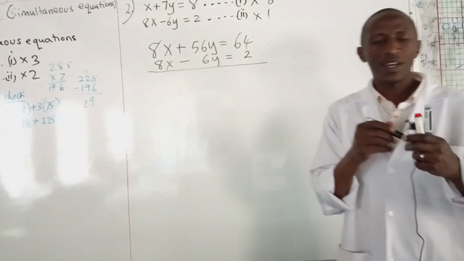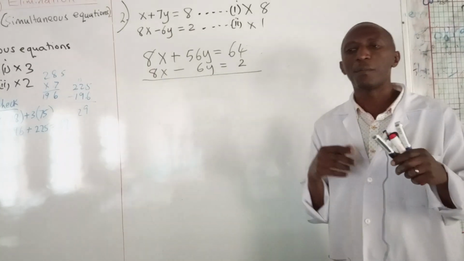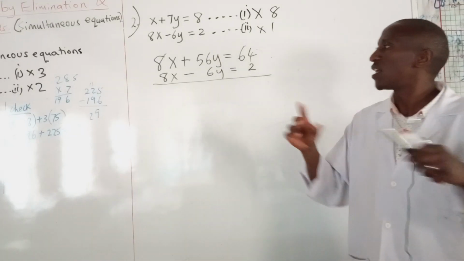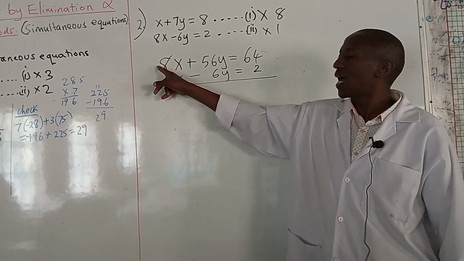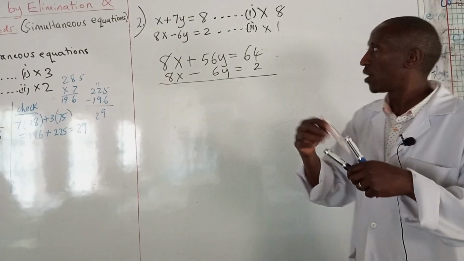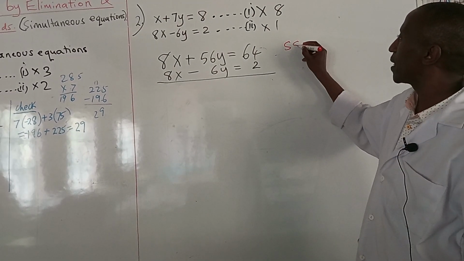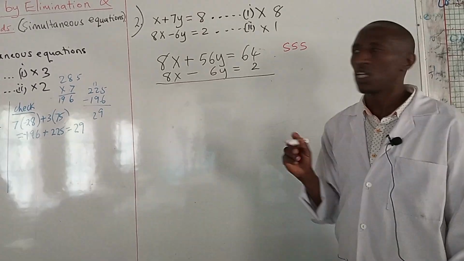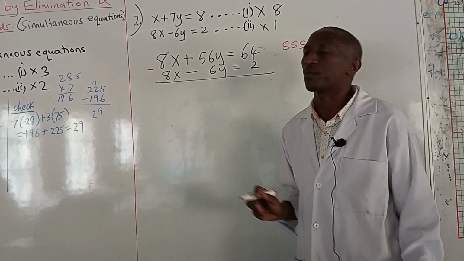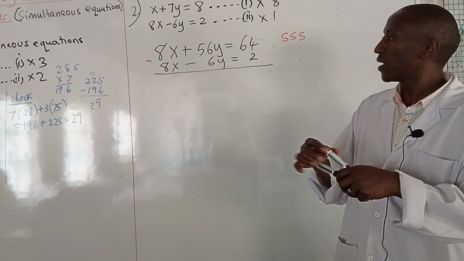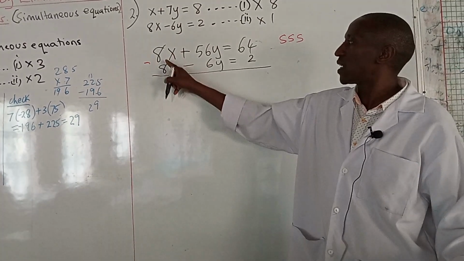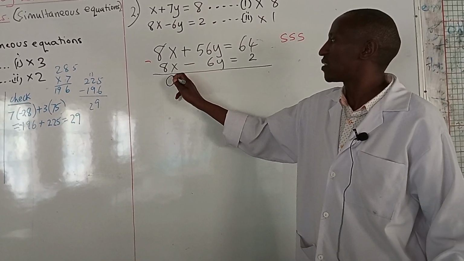Now, we normally have a simple mnemonic here, which says, when you find that the signs are the same, subtract. So we are going to have a subtraction here, so that 8x minus 8x gives you a 0.